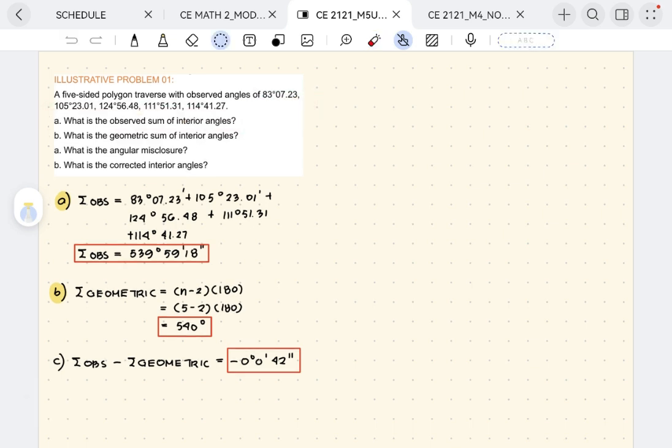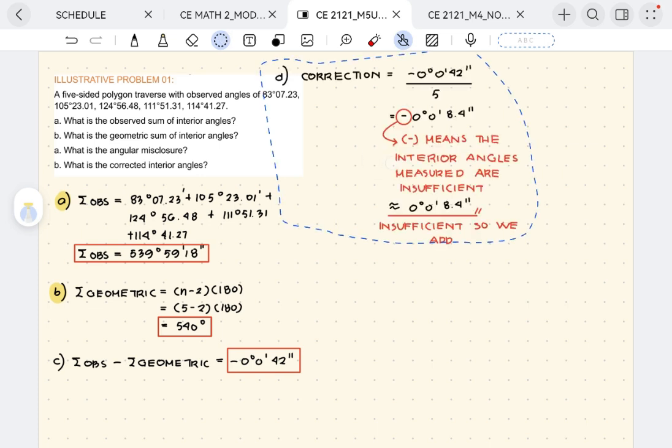For letter D, what is the corrected interior angles? Here, we have to identify the correction for each of the angles. Since we have 5 angles given and it's a 5-sided polygon, we just divide the angular misclosure by 5 in order to identify what we will be adding on each.